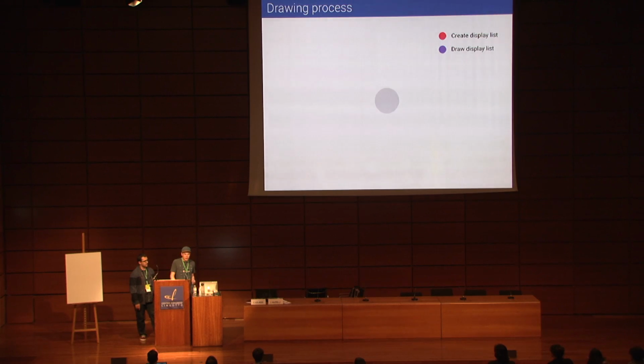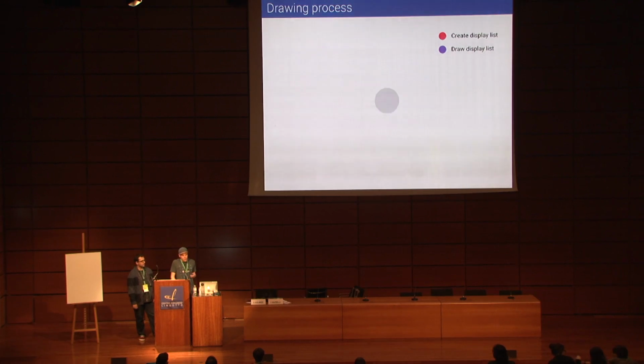A display list is something that the Android system introduced together with hardware acceleration in Honeycomb. A display list is a sort of cache for your drawing operations. When the system calls on drawing your view, it records the operations you do on the canvas and stores them in this display list object.